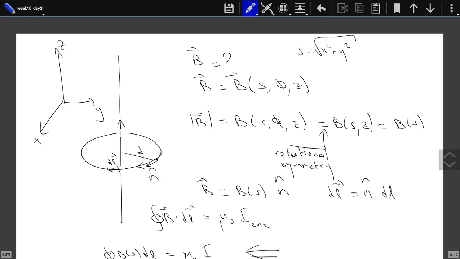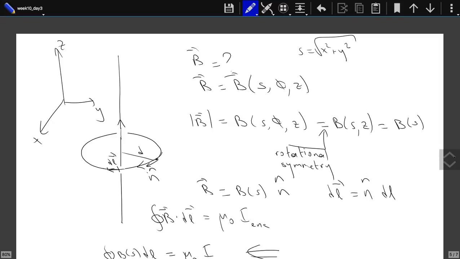But the symmetry of the problem, you see, we said one thing. We used the symmetry of the problem. How did we use it? We first said that B cannot depend on phi, B cannot depend on z, the magnitude. So the magnitude can only depend on the distance. Then we had to determine the direction.